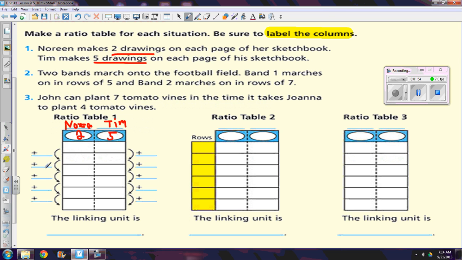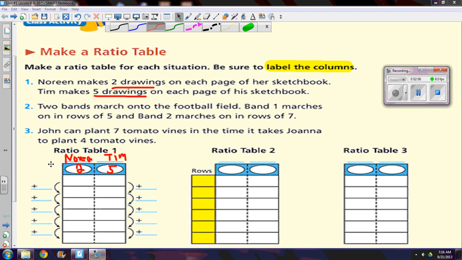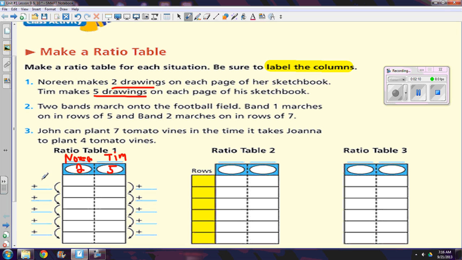All right. So the next step would be to complete the ratio table. So over on the left, plus 2. Over on the right, plus 5.